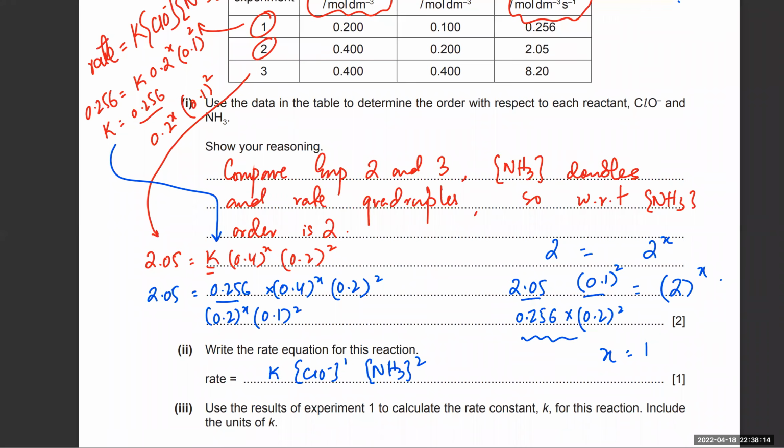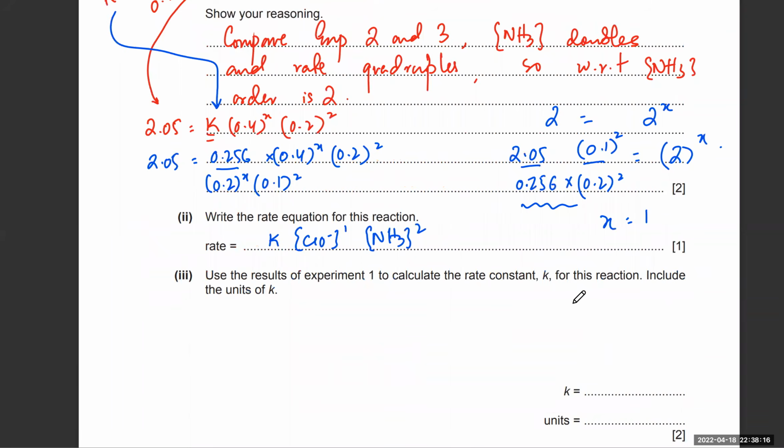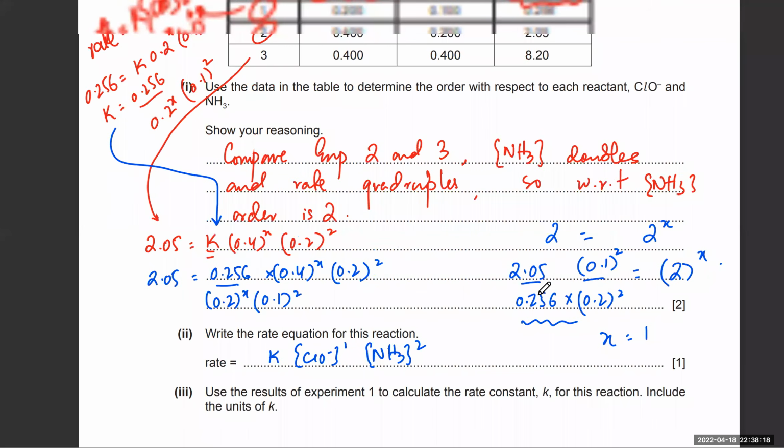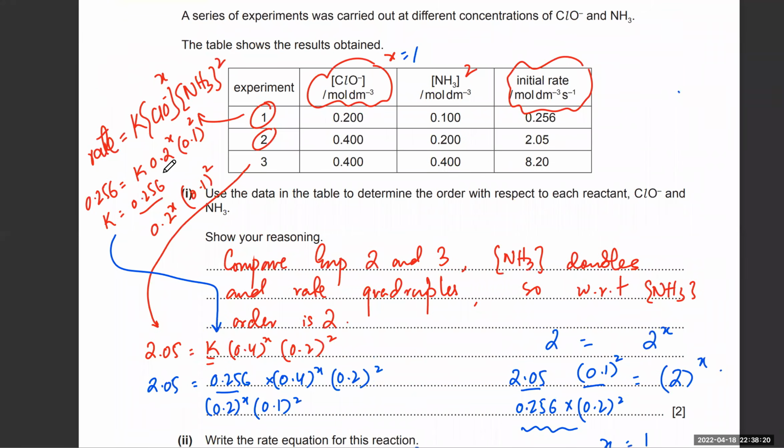As the next one, use the results of experiment 1 to calculate the rate constant K for this reaction. So I think we already have the K expression. They were saying use experiment number 1. So I already have the K expression. Just rewrite this, and we found x is 1. So can somebody tell me what the value is?